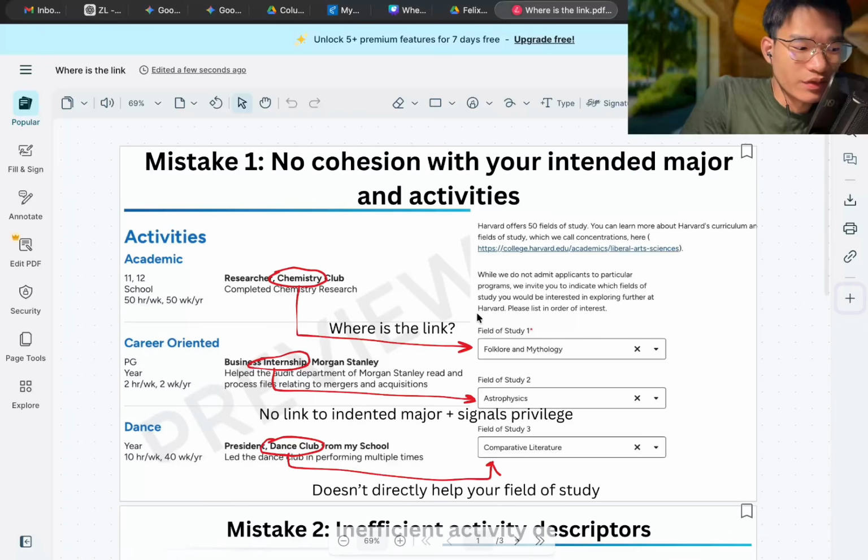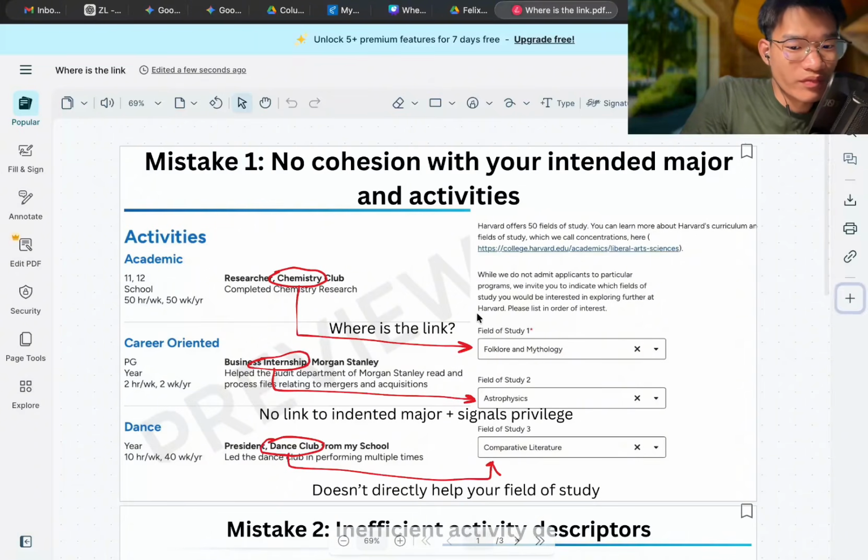Especially at the top and highly selective colleges, it signals very poorly on you. You should at least have three activities that link to your main field of study, but you put dance. It's like, do you not have any better activities that provide that cohesive, academic narrative that links with your intended major?